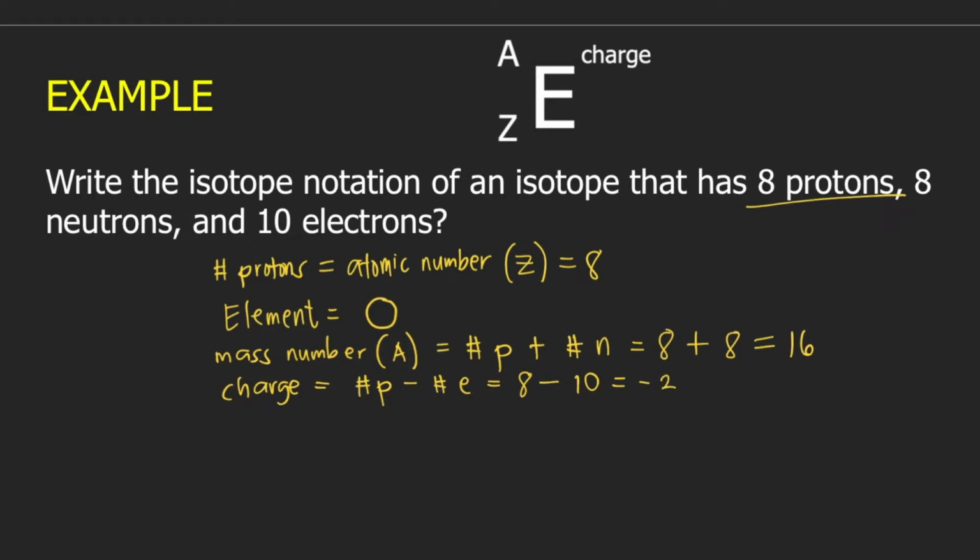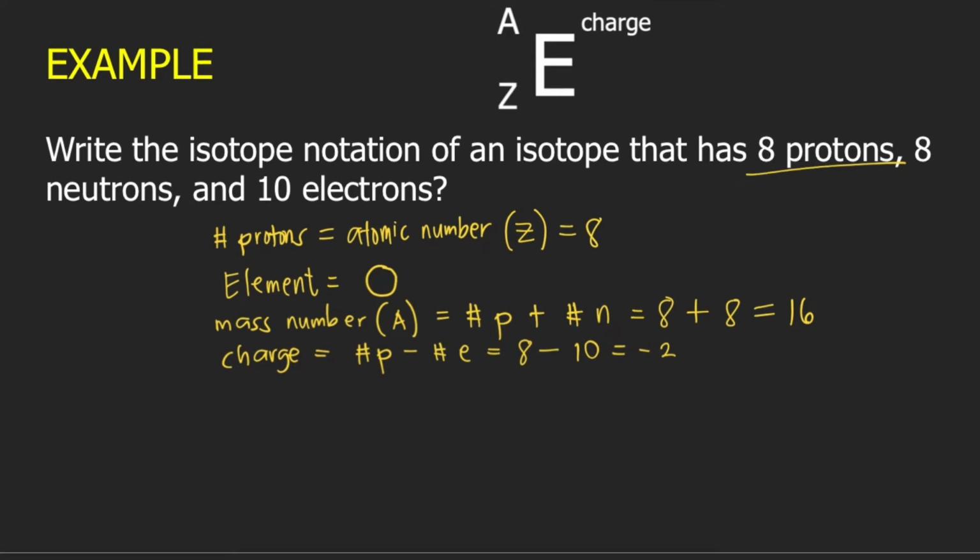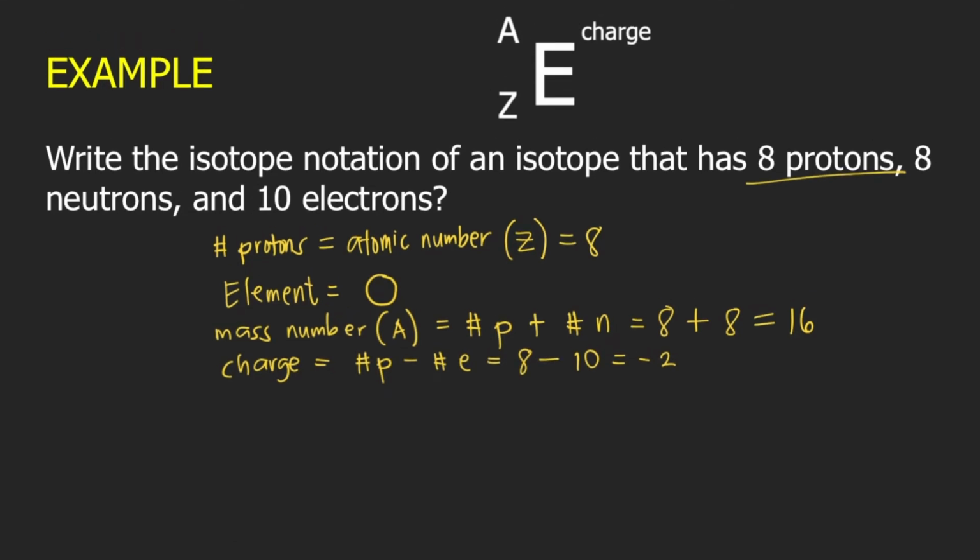Now let's write our isotope notation. Our E is oxygen, so O. Our Z is 8, so you put here 8. Our A, or mass number, is 16, so you put here 16.